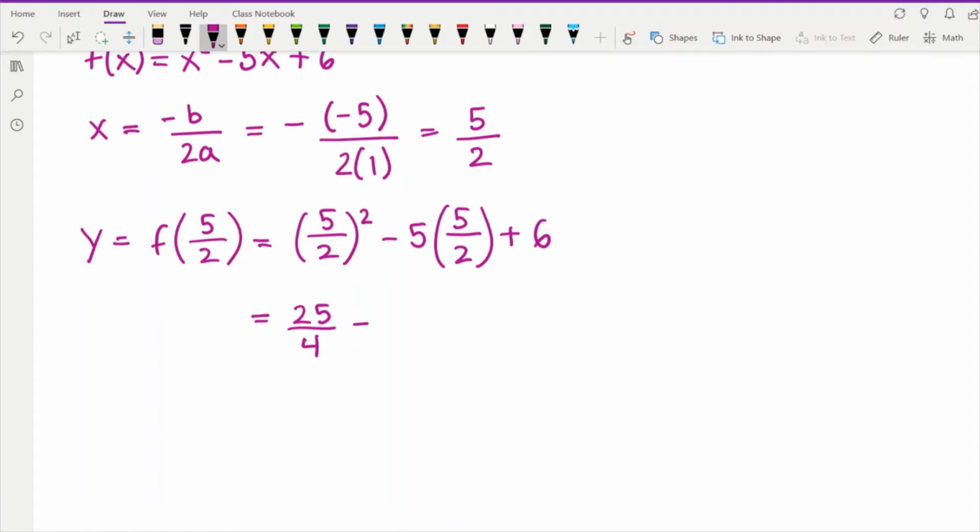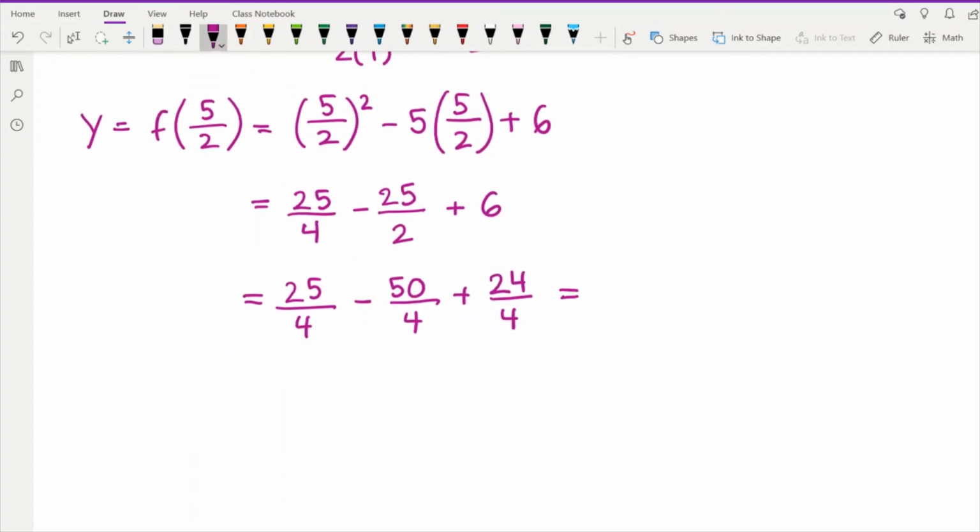Negative 5 times 5 over 2 is negative 25 over 2. And then we have plus 6. So we can make a common denominator of 4. So that'll be 25 over 4 minus 50 over 4 plus 24 over 4, all of them with a denominator of 4. And if you put all of those together, you'll get negative 1 over 4.